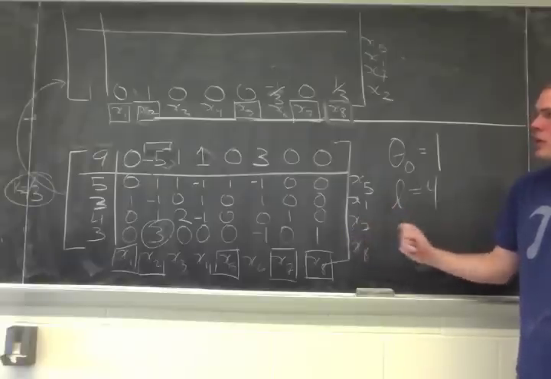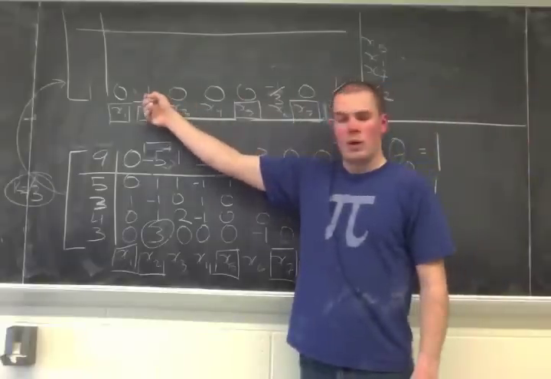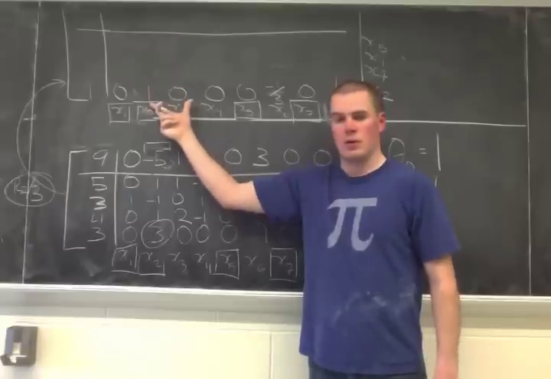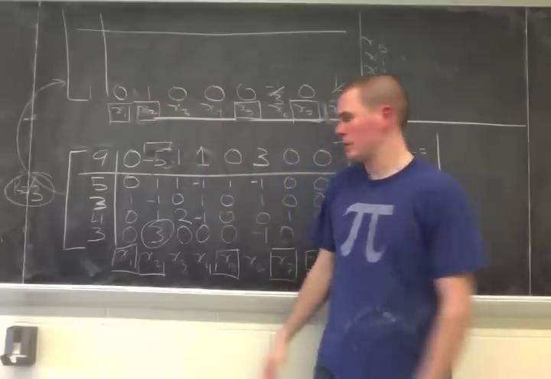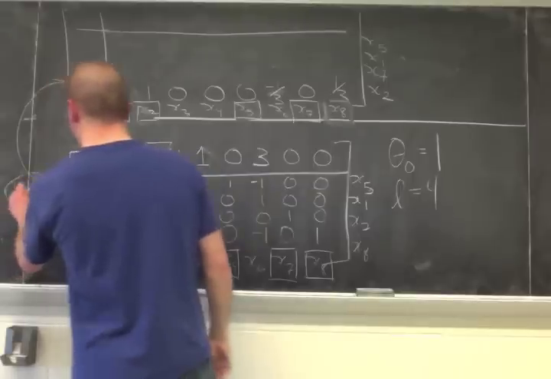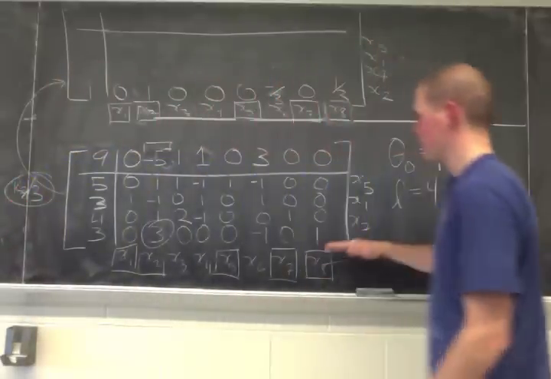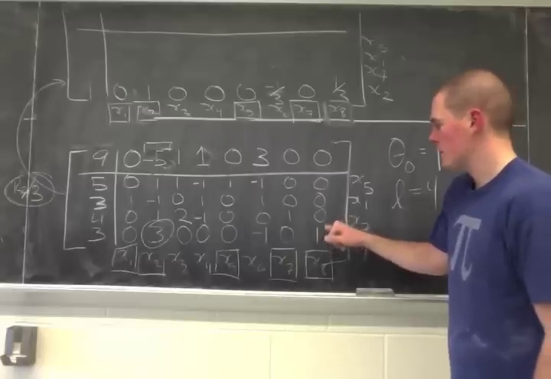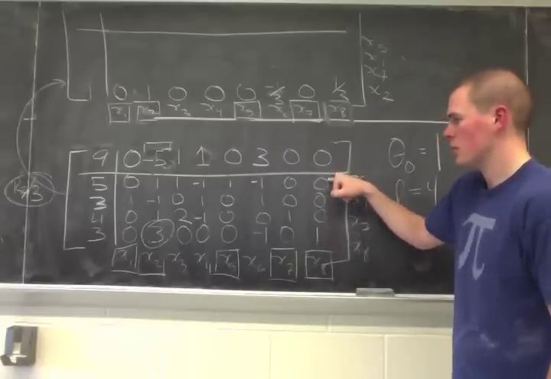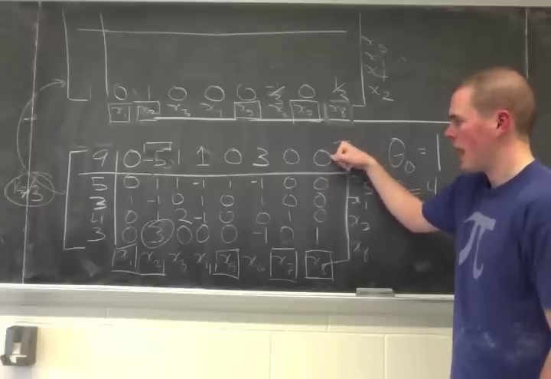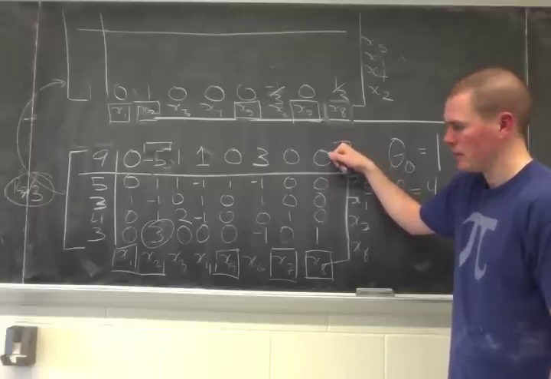So now that we've cleared that out, so we have a 1 in that position, we're going to use this version of row 4, and I'm going to cancel that out everywhere else. Specifically, I want to subtract it from this row, add it to this row, subtract it from this row, and then add 5 times it to this row.